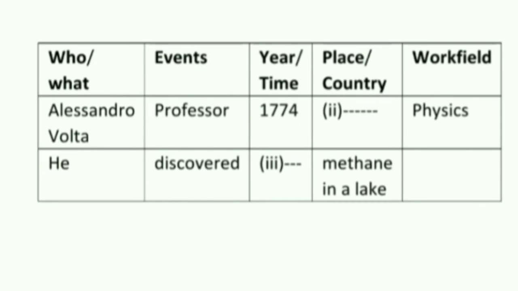So first one, Alessandro Volta, events is professor, and time is also mentioned here, 1774, and work field, that is physics. So you have to mention the name of the place where he was the professor of physics. Who can say? Yes, you are right. At the Royal School in Como, as mentioned in your passage. So you have to collect this information from that passage.